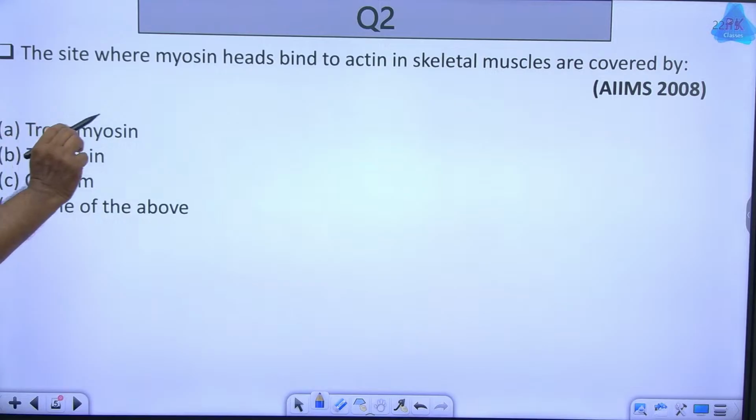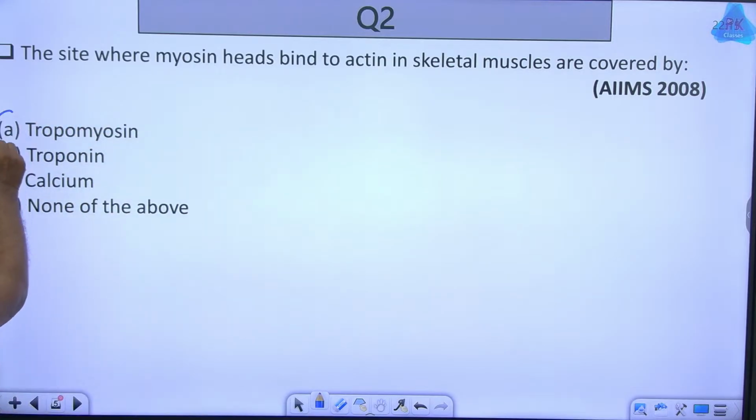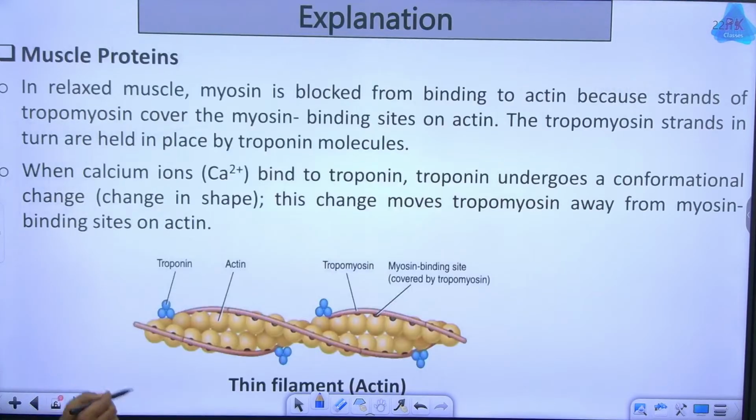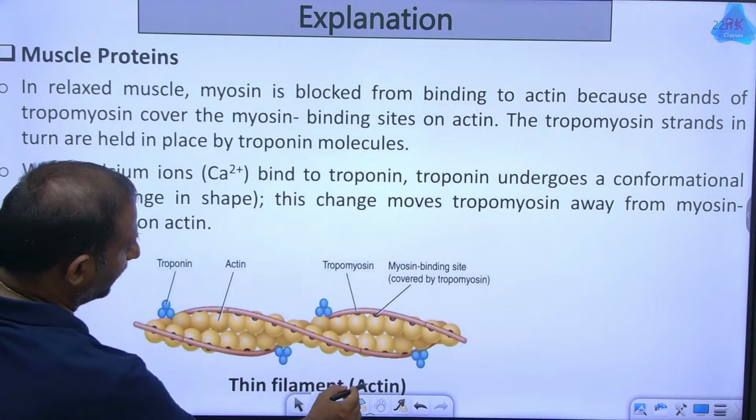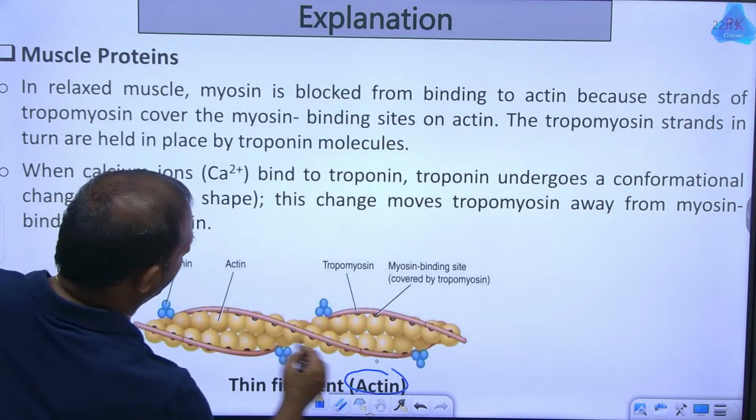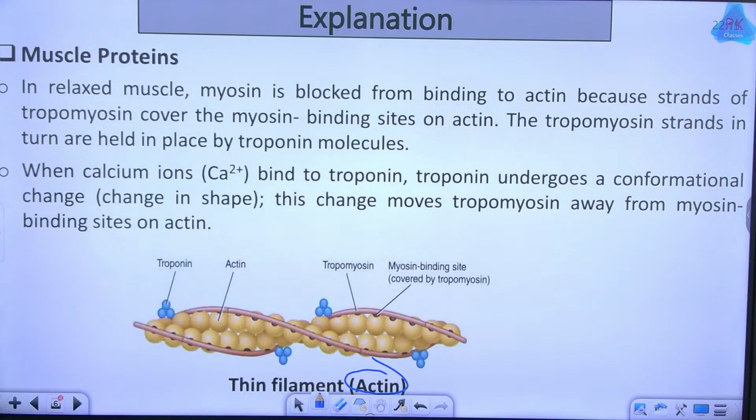The site where the myosin head binds to the actin in skeletal muscles is covered by the tropomyosin. So this is the thin filament. Just now we have seen the thin filament that we call the actin filament.